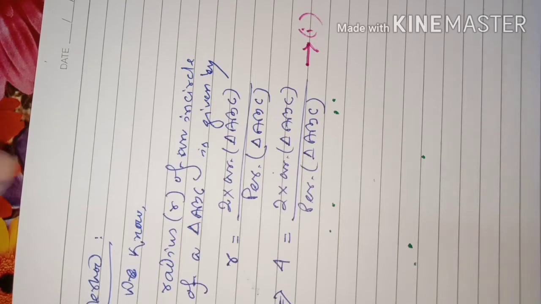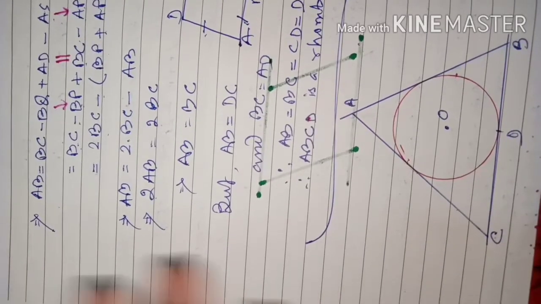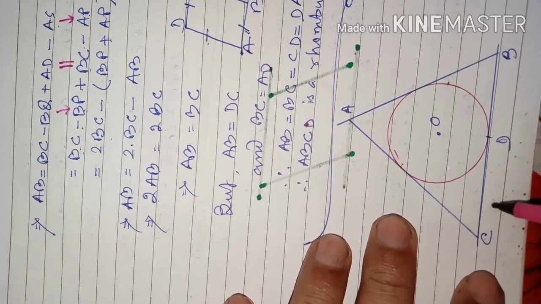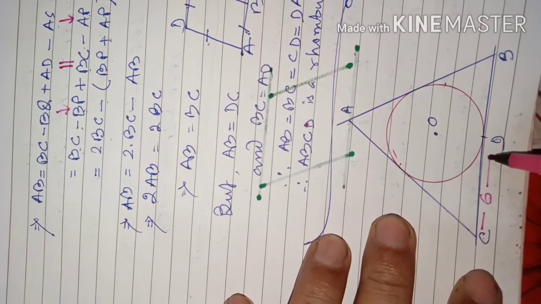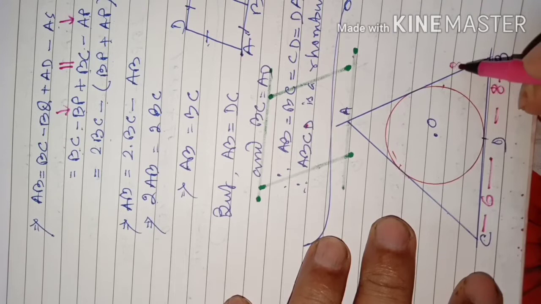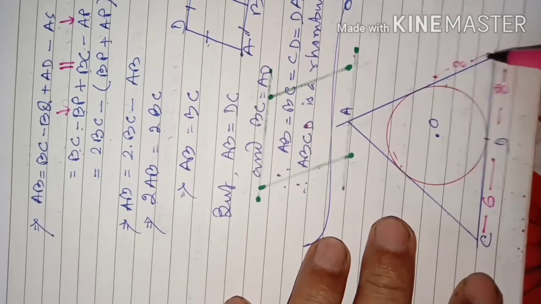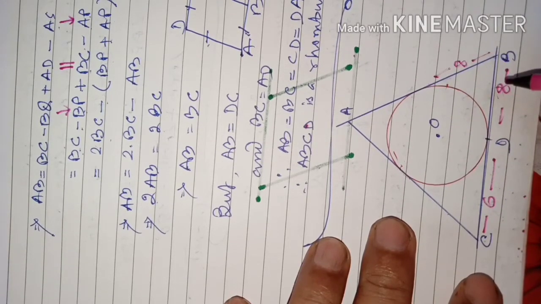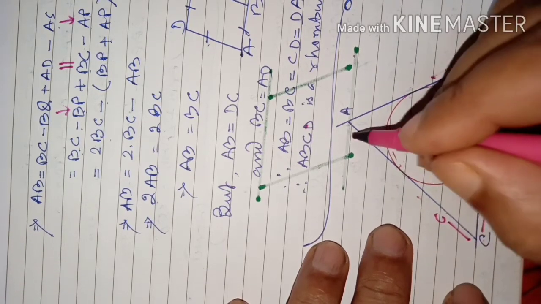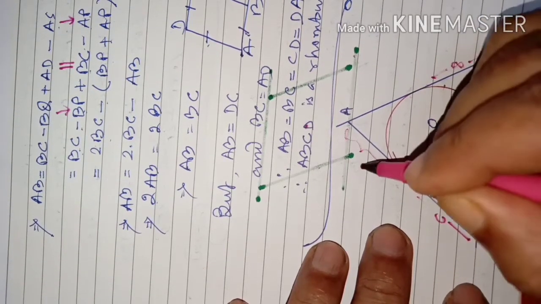Look at the diagram. This is the diagram. In this diagram, I will mark the parts that are given to us. 6 centimeter here, 8 centimeter here. Then this part also will be 8, because you know tangents from external point are equal. If it is 6, this will be also 6. But this portion is not given to us. This portion, let us say x.